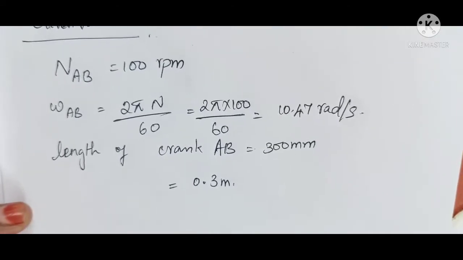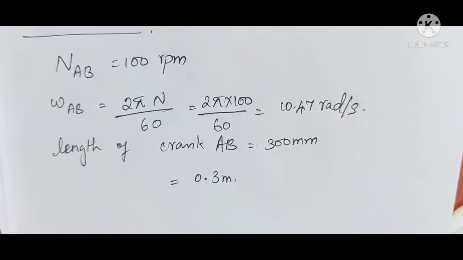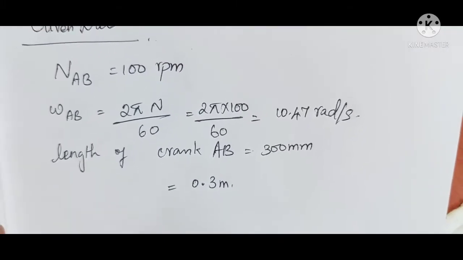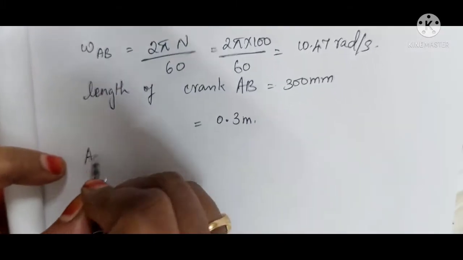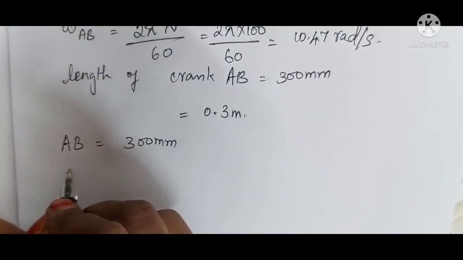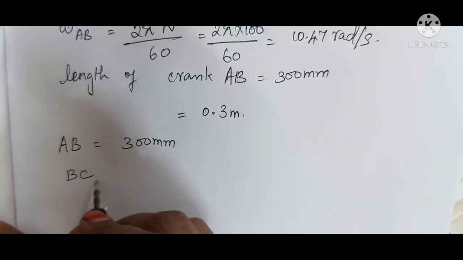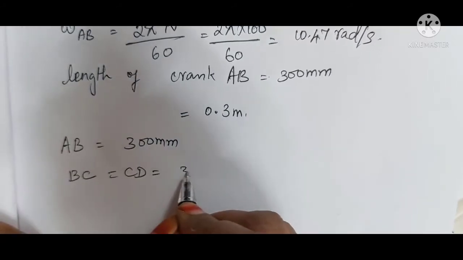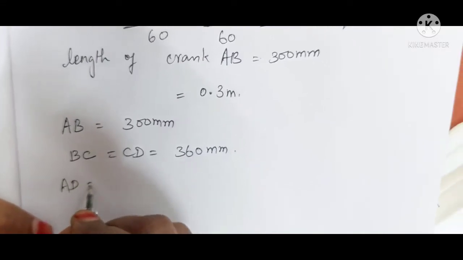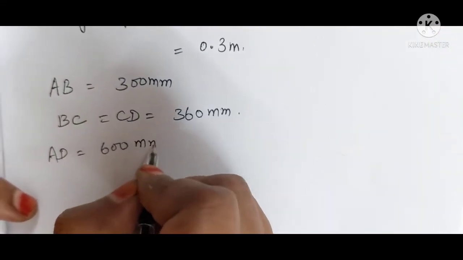So now we have to draw the space diagram initially. For that we need to take some particular scale. The given data is AB link length 300 mm, BC equal to CD equal to 360 mm, and AD equal to 600 mm.